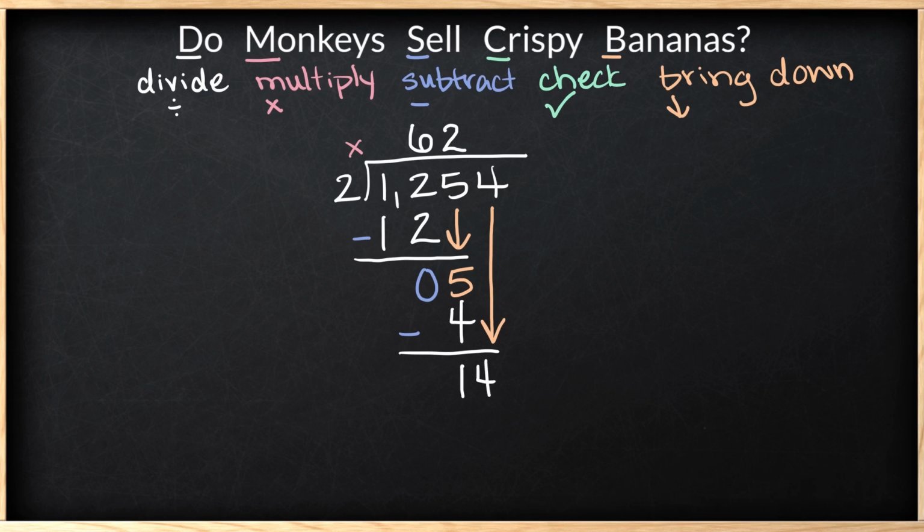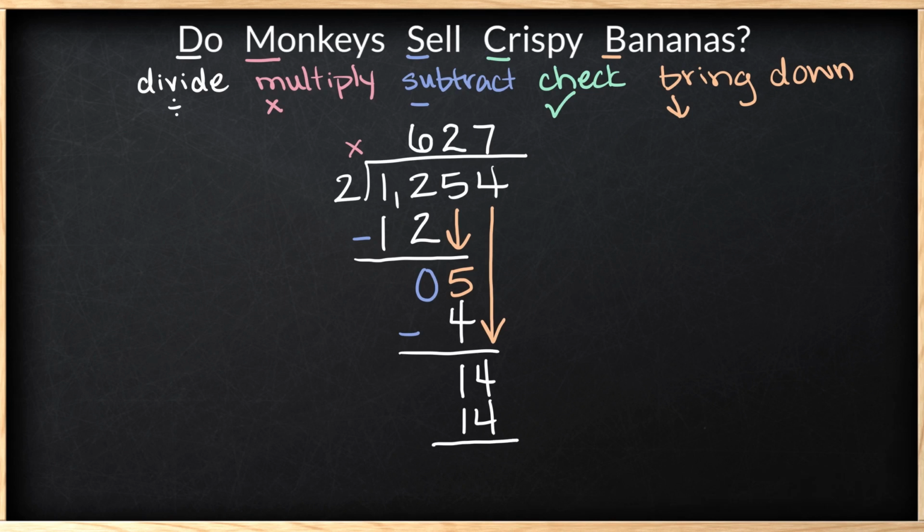I now have 14. So I'll go back to the beginning and ask myself, how many times can 2 go into 14? I know that 2 can go into 14 7 times. I'm going to write my 7 over the ones place. Then I multiply, and I know 7 times 2 is 14.